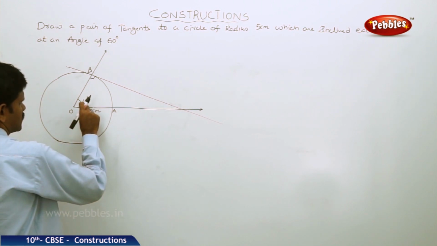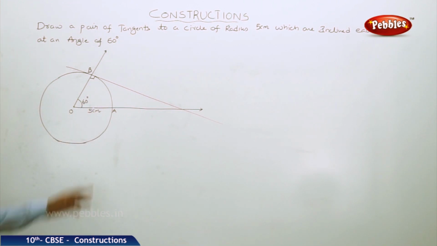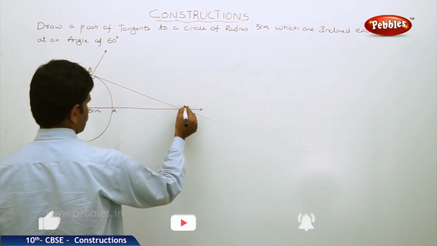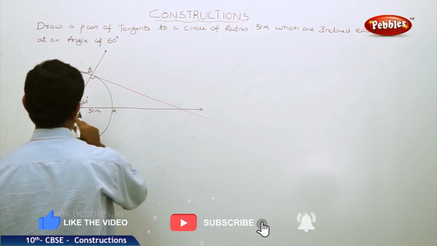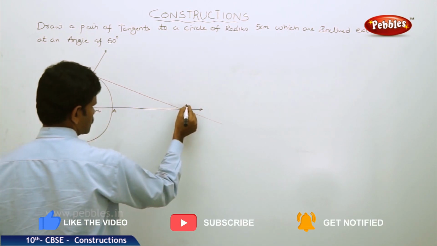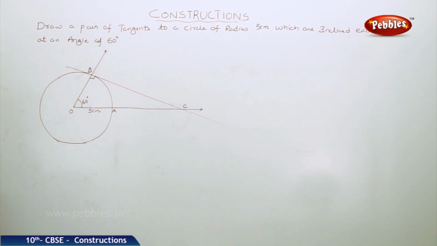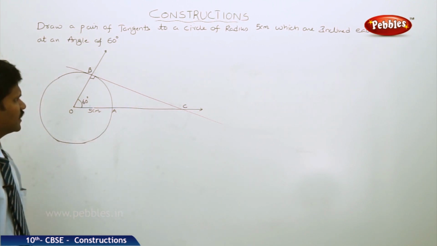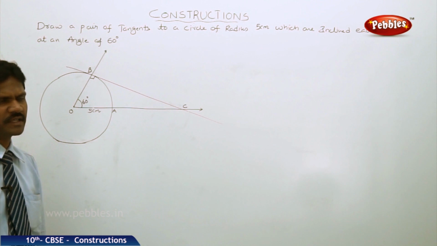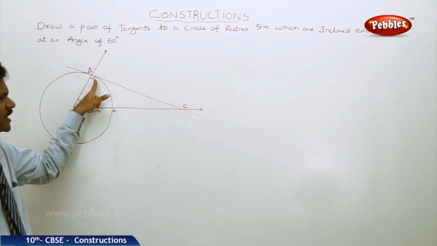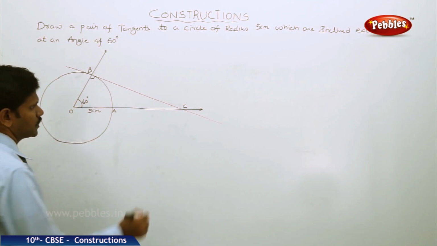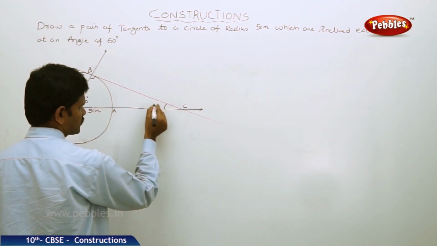Now this is O, A, B. Now this is C. BOC is a triangle. In this triangle, the sum of angles is 180 degrees. This is the 90. This is the 60. 90 plus 60, 150. Now here the angle is 30 degrees.